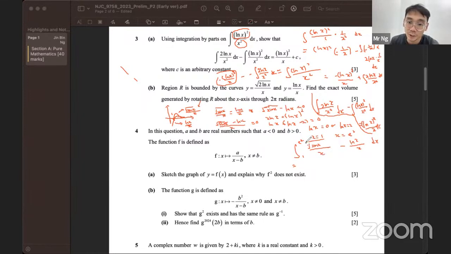So this thing needs to be squared. Then this one is pi. Sorry, not like this. Okay, pi y squared. After that, minus another pi y squared.